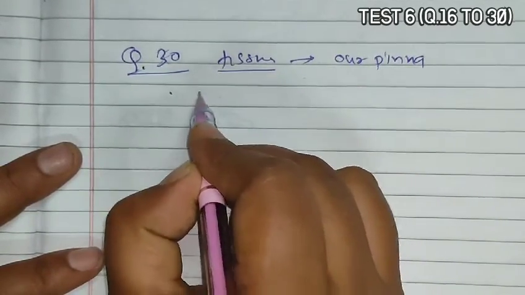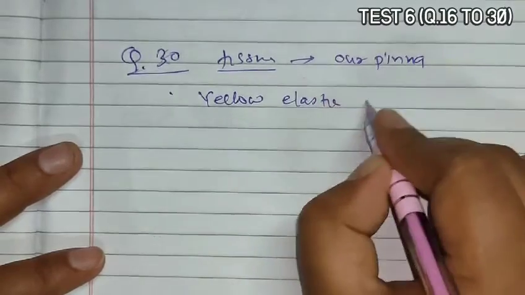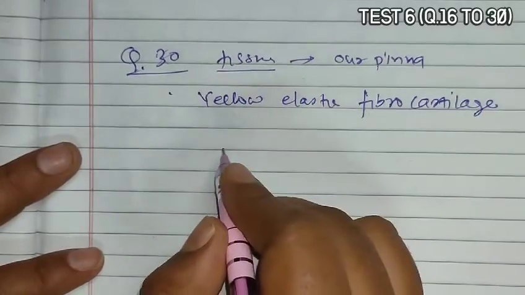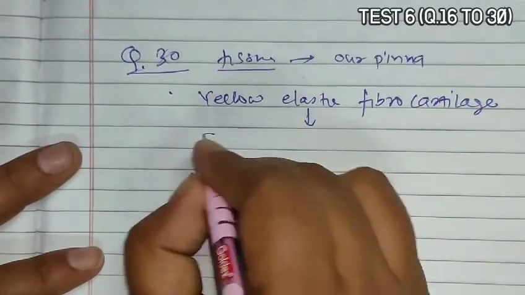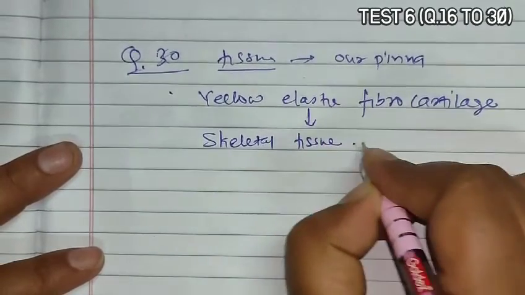And the last is question number 30. It asks which kind of tissue that forms the supportive structure in our pinna is also found in.